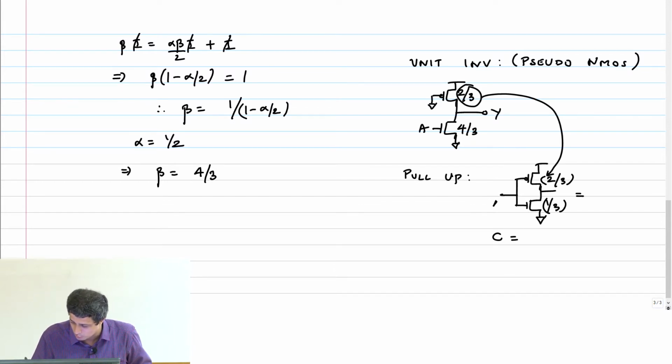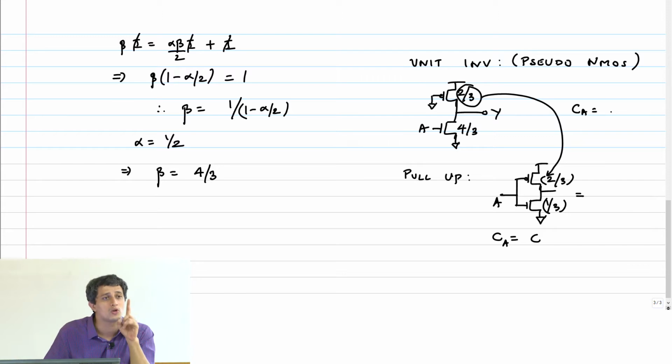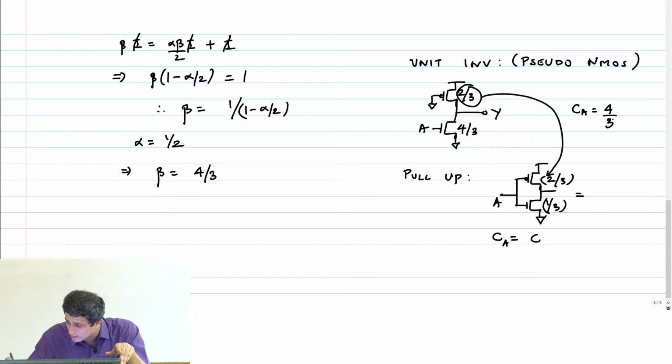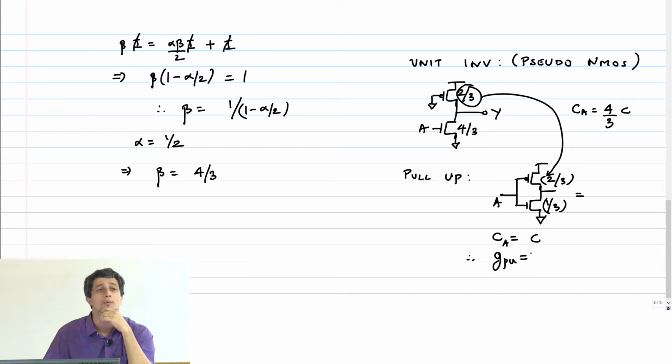CA. This is input A. CA is equal to how much? C. What about here? CA equals, input is connected only to the NMOS transistor. So 4/3 C. Therefore, logical effort pull up is equal to how much?